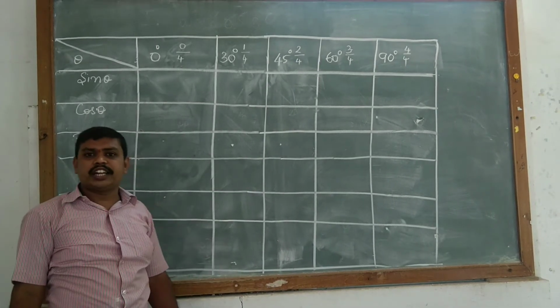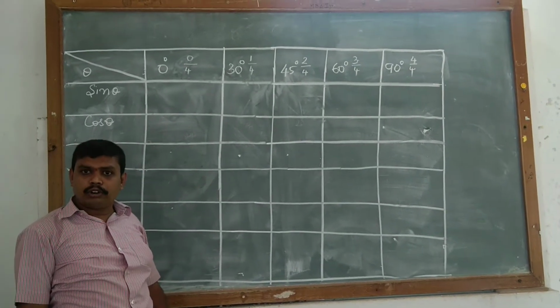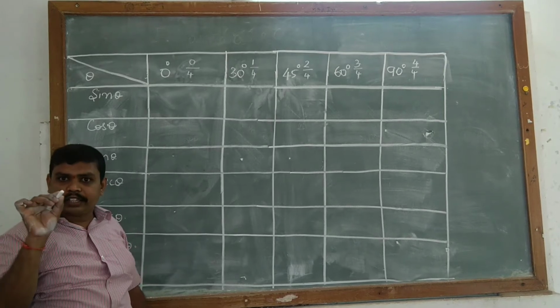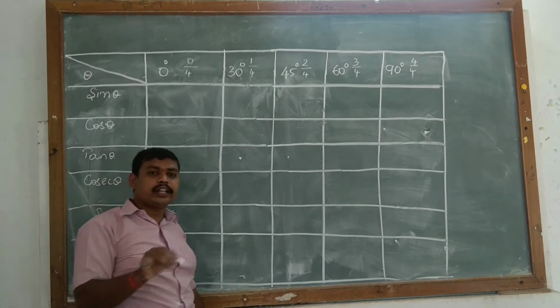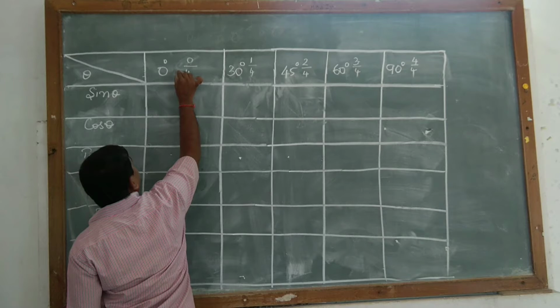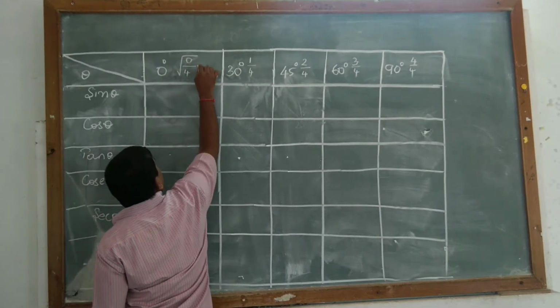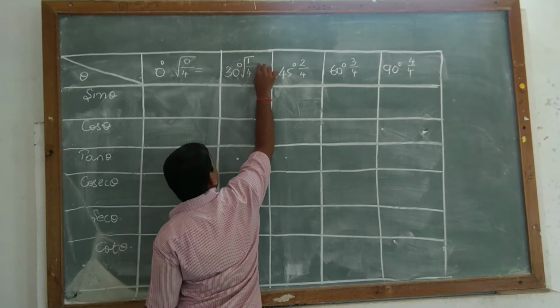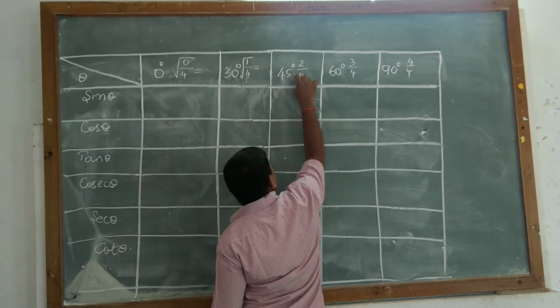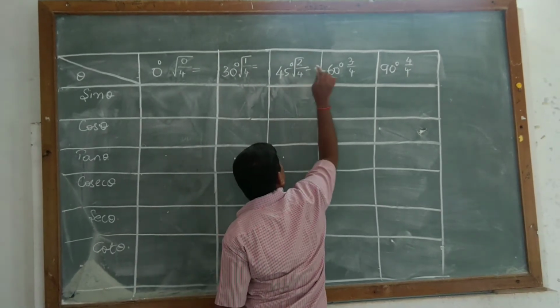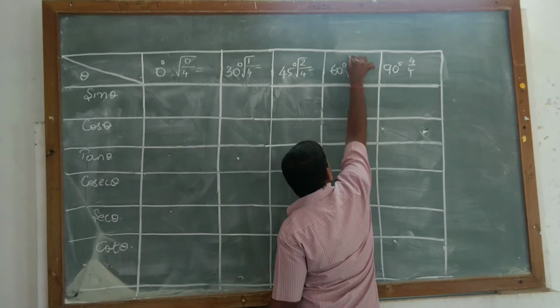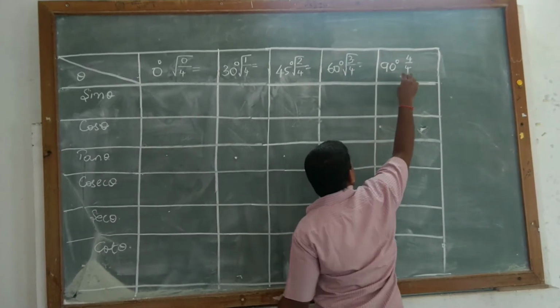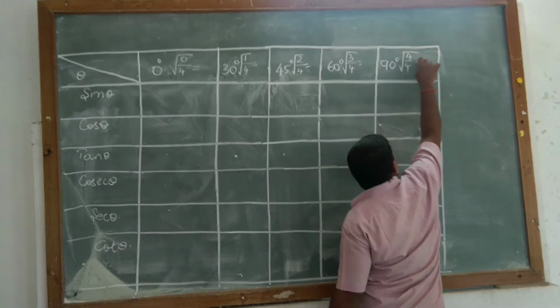The third step which you are going to follow is you have to take the square roots of all these. That is square root of 0 by 4, square root of 1 by 4, square root of 2 by 4, square root of 3 by 4, and square root of 4 by 4.